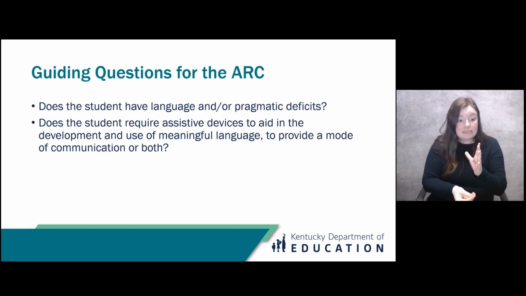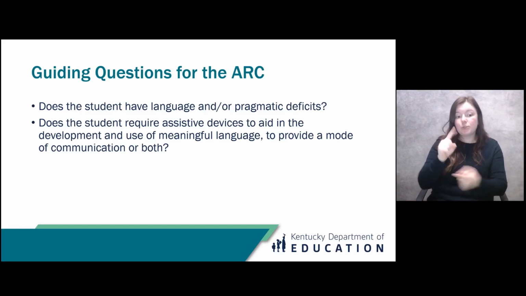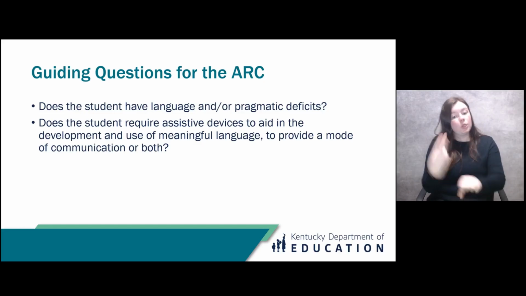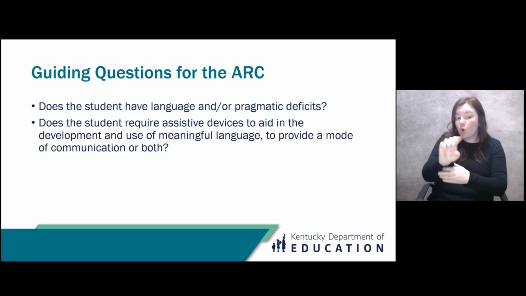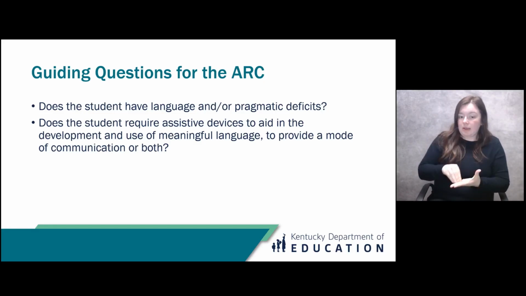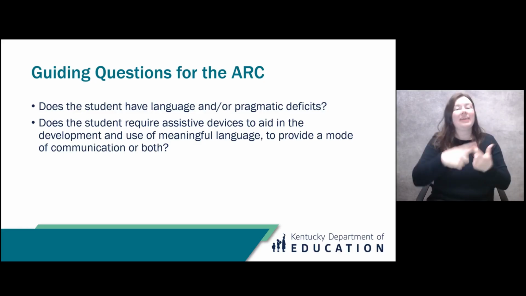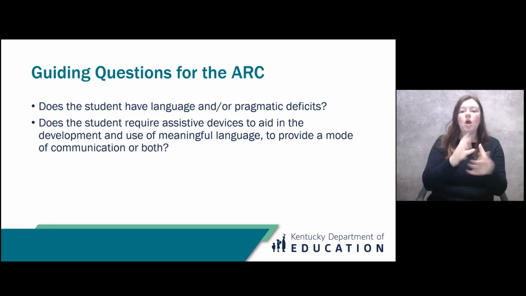Does the student require assistive devices to aid in the development and use of meaningful language, to provide a mode of communication, or both? If the ARC has determined communication is a need and has documented the strategies and supports needed, the ARC would then need to ensure the needs, strategies, and supports are connected throughout the IEP.